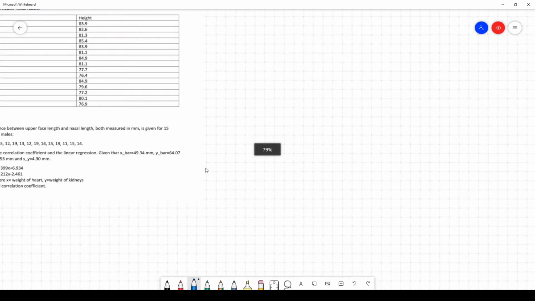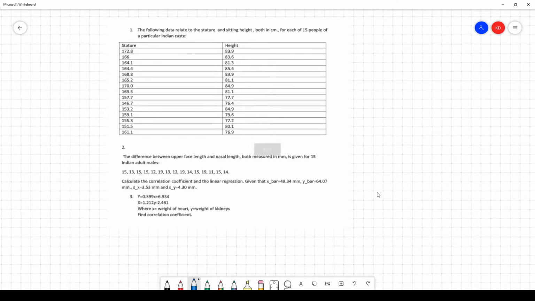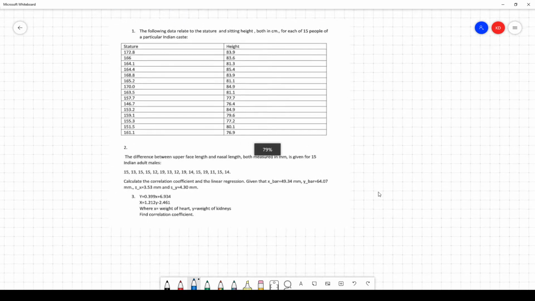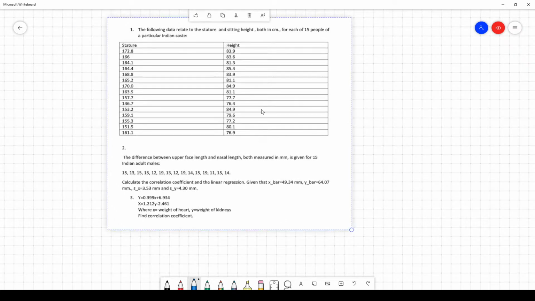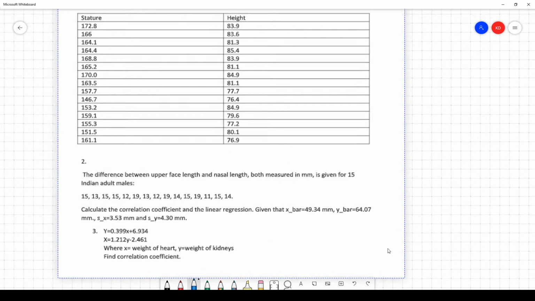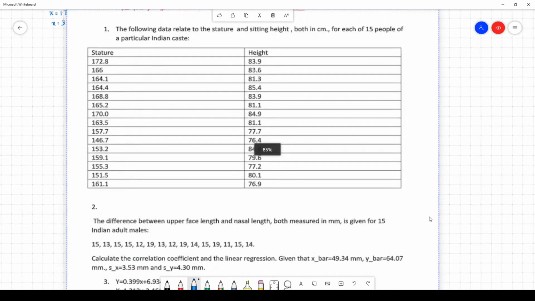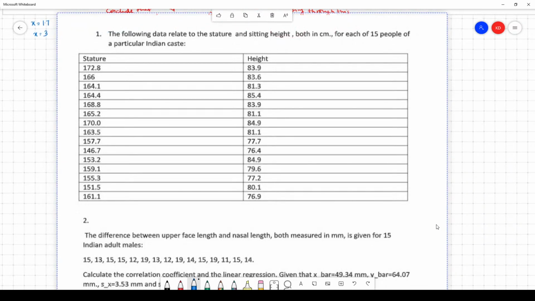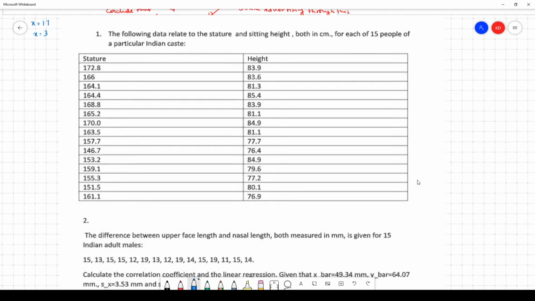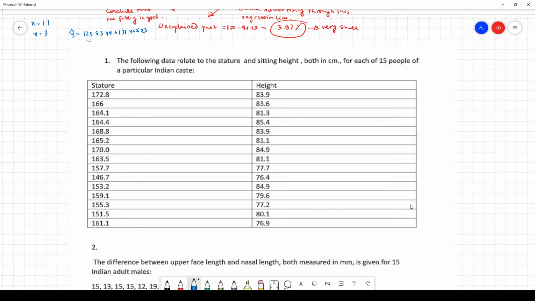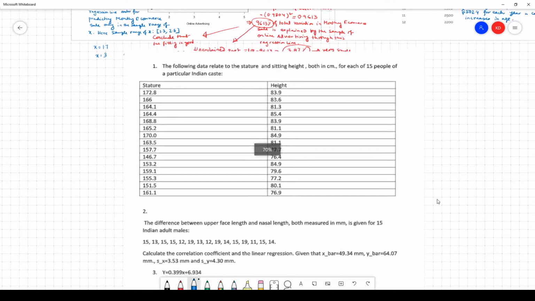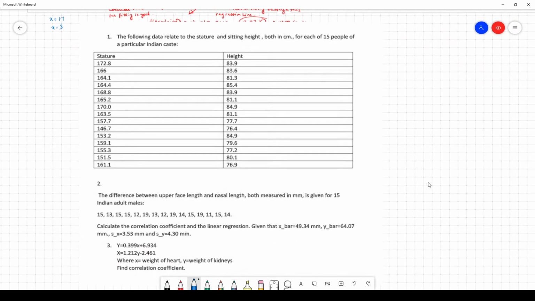So this is another data set. Okay, do you see this? Okay, fine. So this is your homework 2. Is it visible?